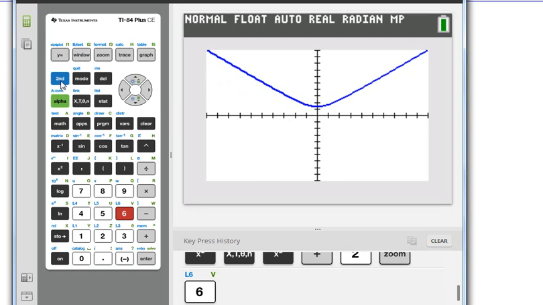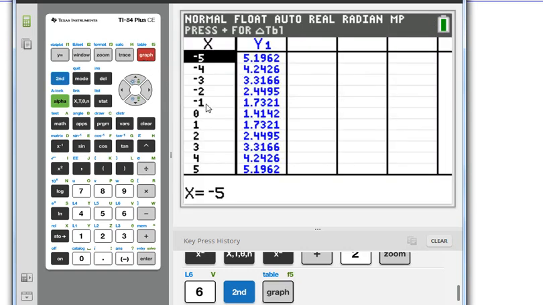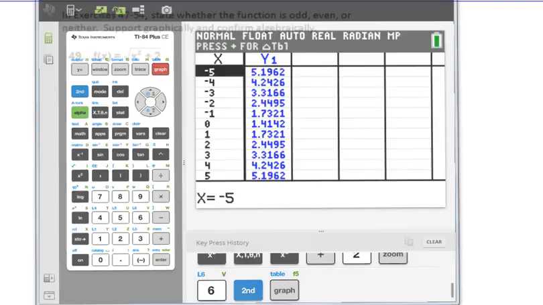That's what it looks like to me. But to be sure, let's go to the table view. Do we see that f of x is equal to f of negative x? Yes, these are the same. 1.7321 is for negative 1 and 1.7321 for 1. So they are the same.